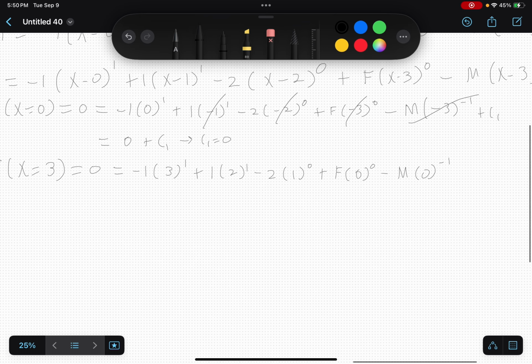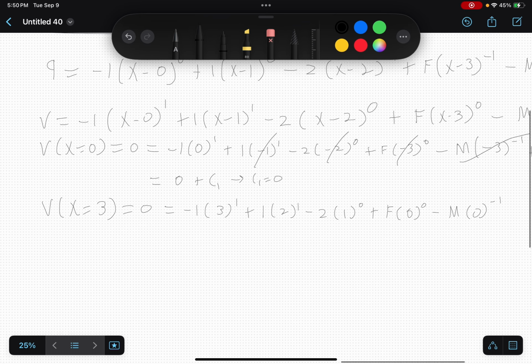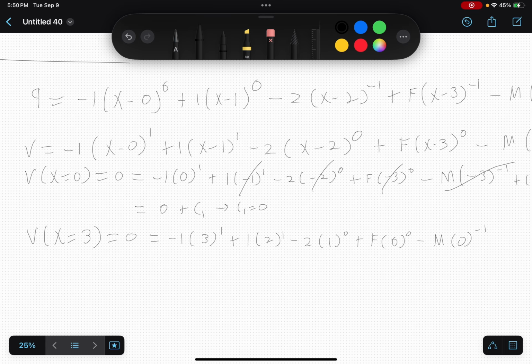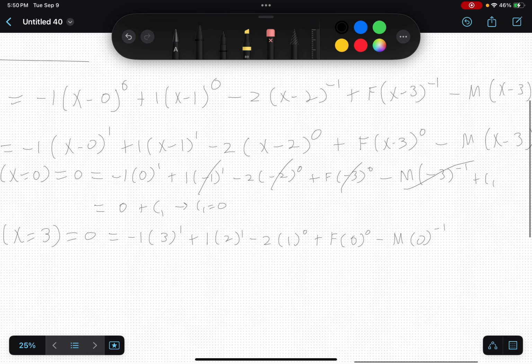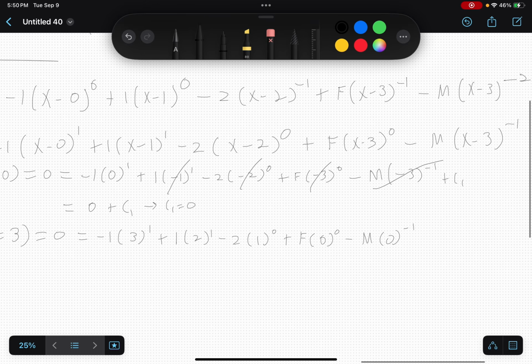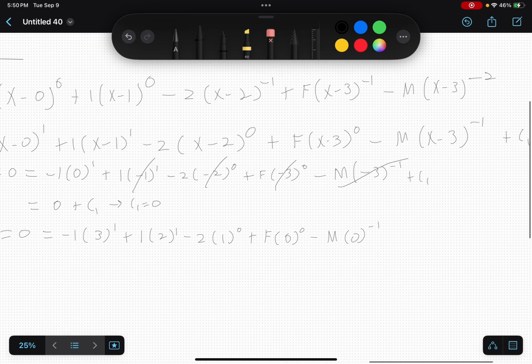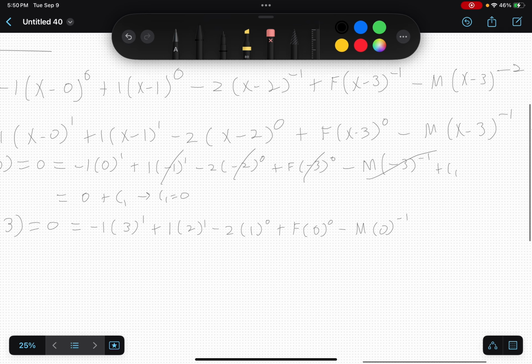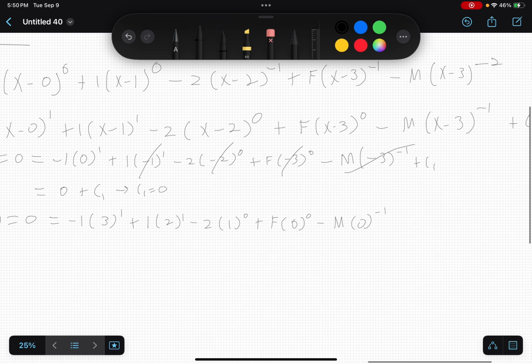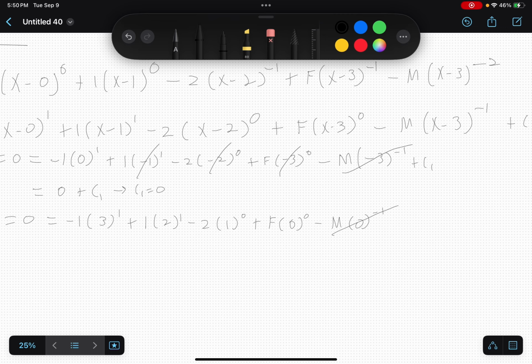I'm not going to write the C1 because we already said it equals 0. Let me just double check this. Yeah, it's probably right. Okay, so one of our rules was don't evaluate negative exponents, so that goes away.